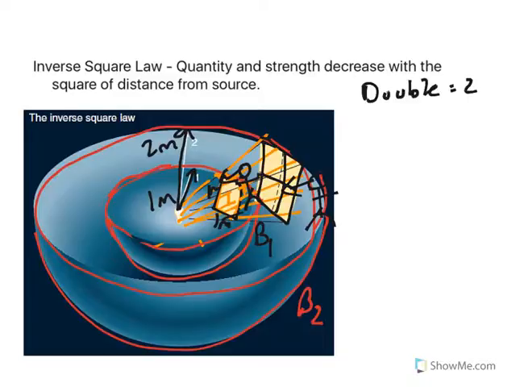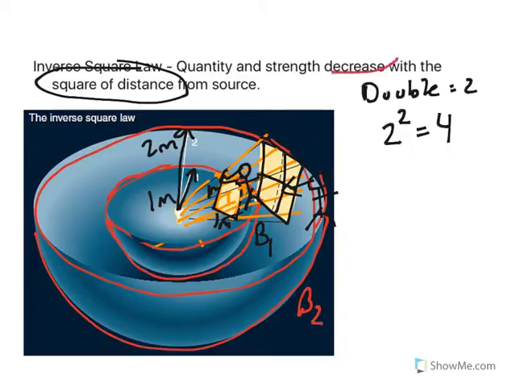But the inverse square law says it's the square of the distance. Since double means 2, the square of the distance is equal to 4. So we doubled our distance, and therefore the square of the distance is 4. Now the key word here is decrease, so we know the brightness has to go down. Let's look at the key word inverse.